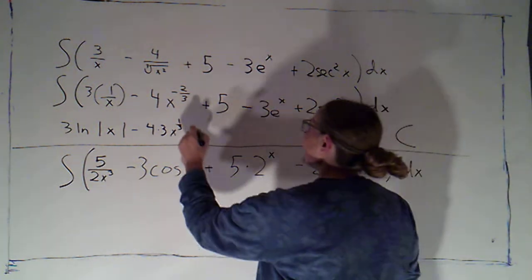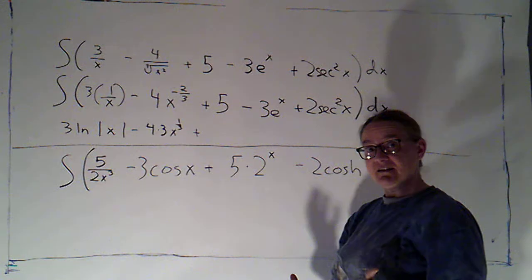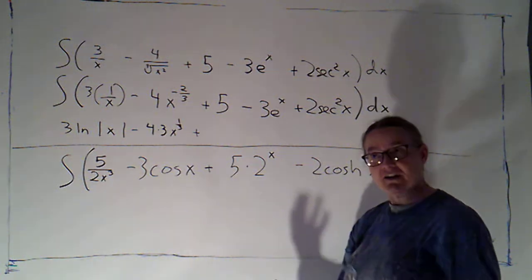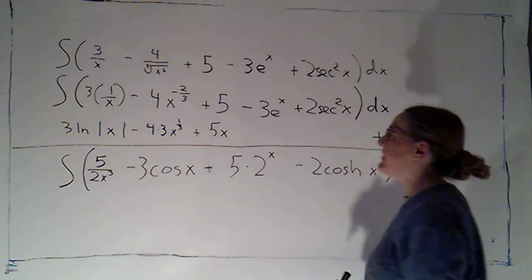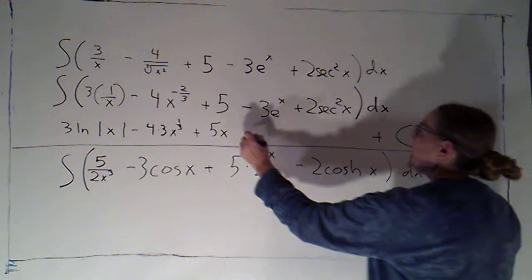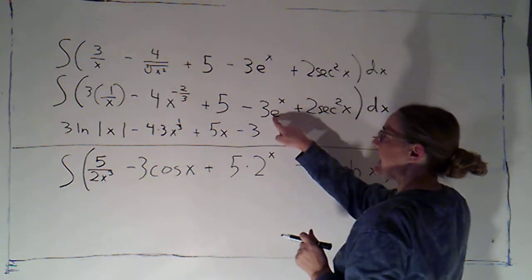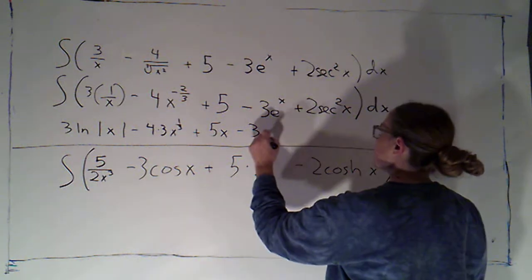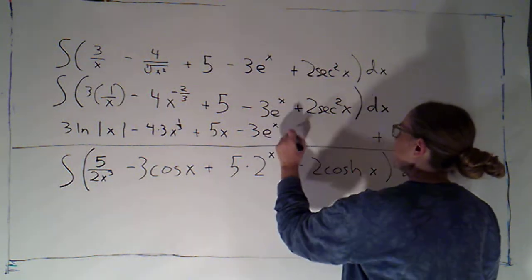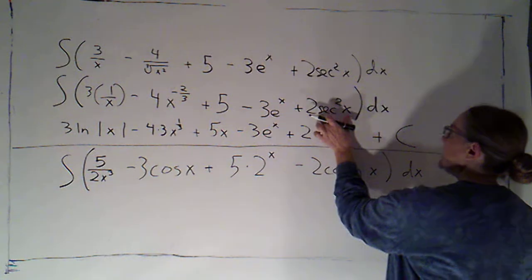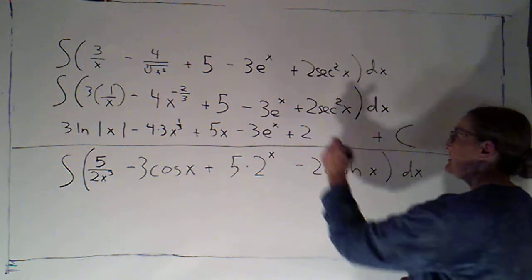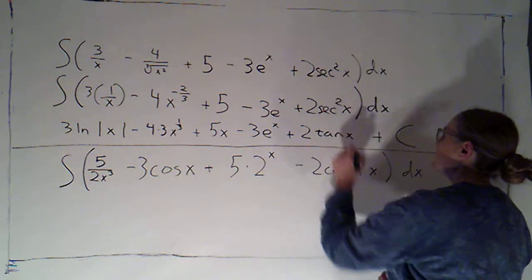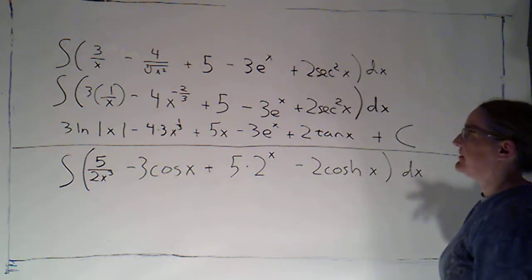Okay. Plus 5, that's a constant. The sorts of functions that have a constant derivative are lines, which have a constant slope. So that's 5x. Minus 3 times an antiderivative of e to the x would just be e to the x. Plus 2, and then I recognize that secant squared is the derivative of tangent, so tangent of x would be an antiderivative of that.